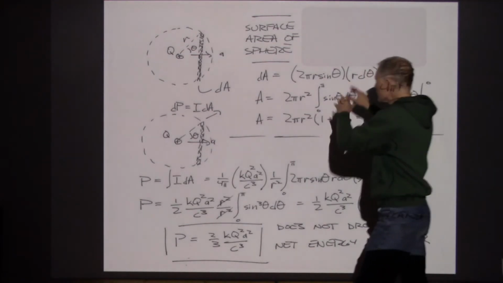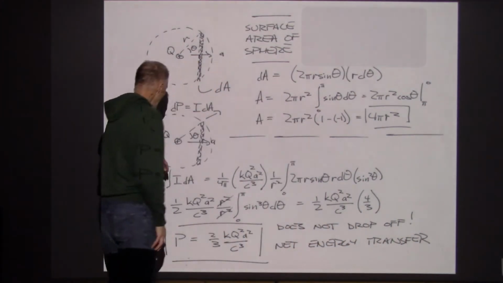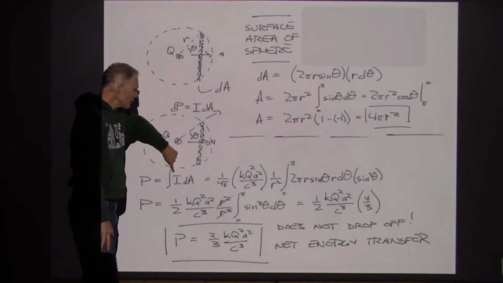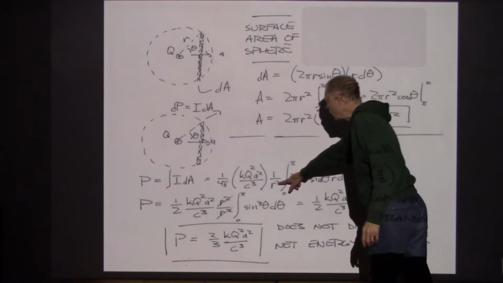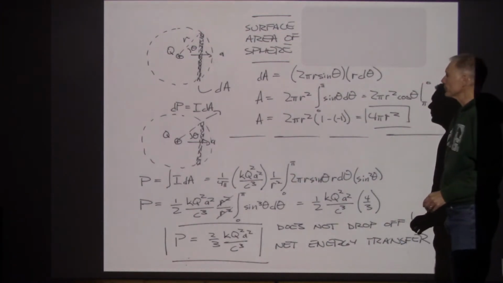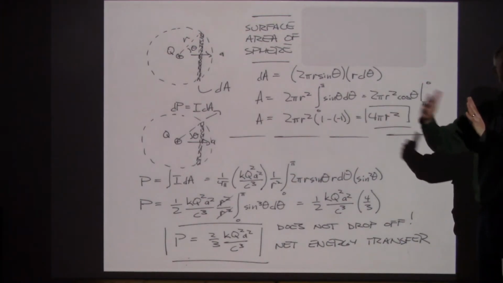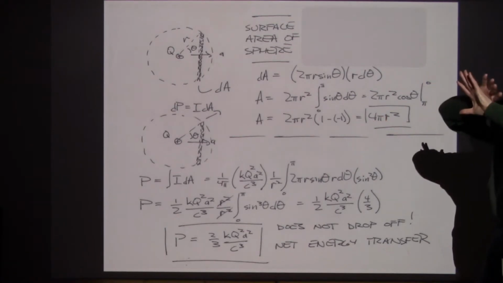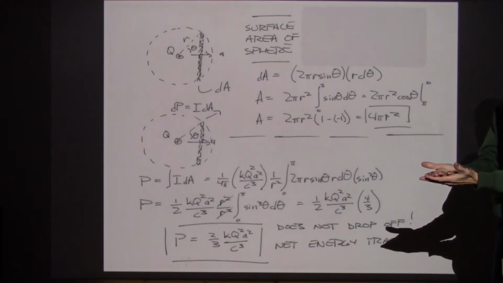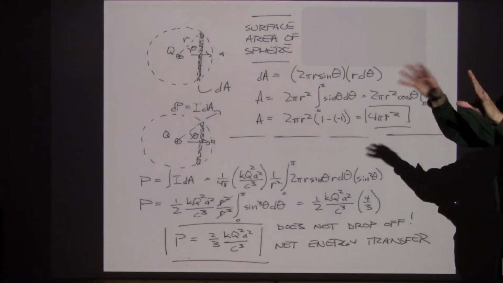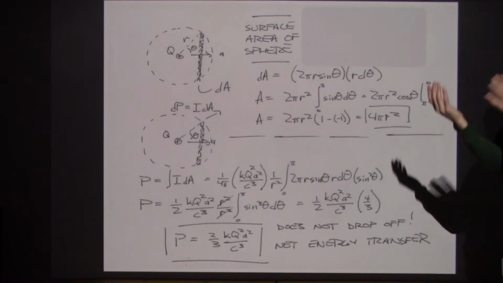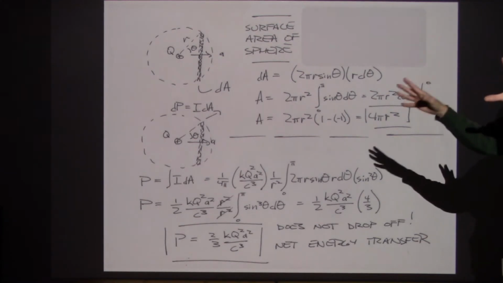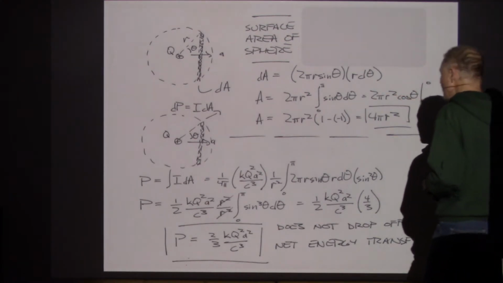So let's take this dA, and we're going to take our intensity formula and integrate. Now the r's in this are actually constant. So I'm not integrating over different distances. I'm just picking one spherical boundary and then adding together the intensity at each location along that spherical boundary. I'm keeping track of all the energy as it spreads past that boundary.